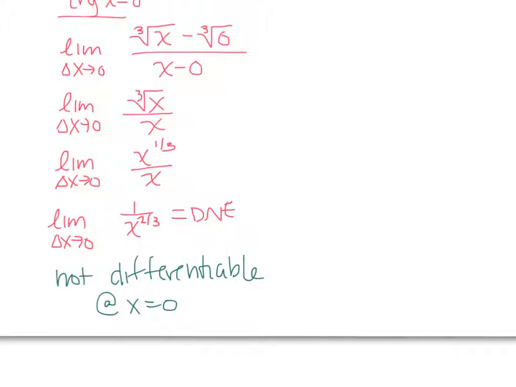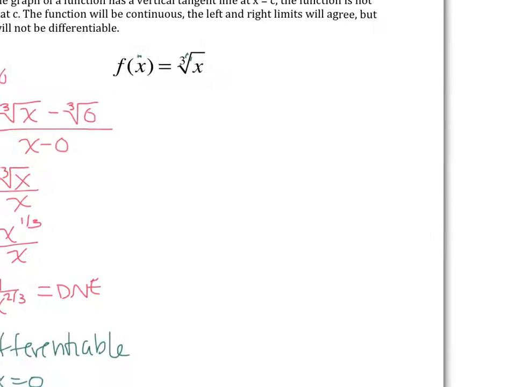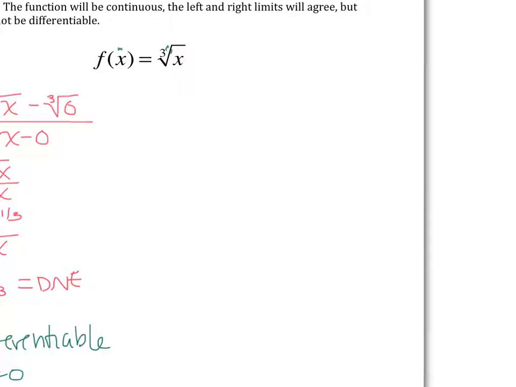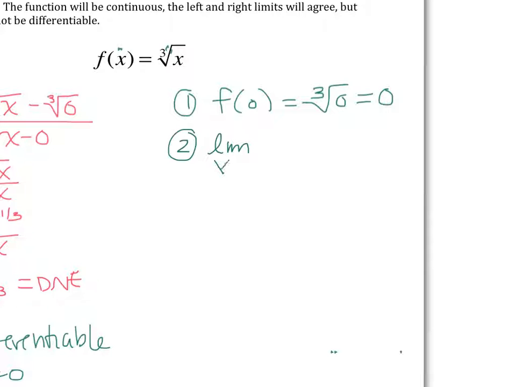However, it is continuous, and I'm going to show you that. It is continuous when x is 0 because, first off, f of 0 exists. It is 0. Secondly, we can show that the limit exists. The limit as x approaches 0, we just use direct substitution and we get 0 out.